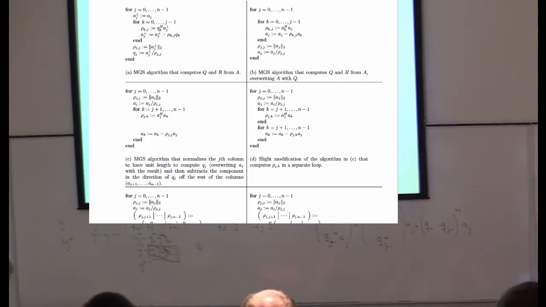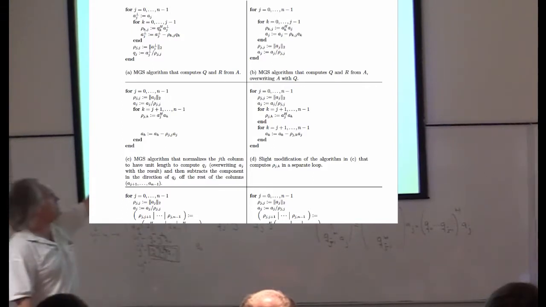And if I then subtract that component out of all future vectors that I haven't touched yet, then by the time I get to those vectors, they will have had all of those components subtracted out, and therefore I'm at the top of the loop. I simply normalize it to be of length 1, and I move on. Okay? So that's what this algorithm does right here.